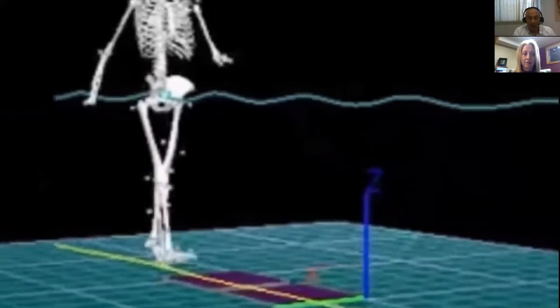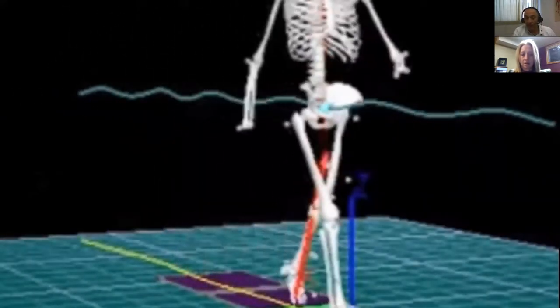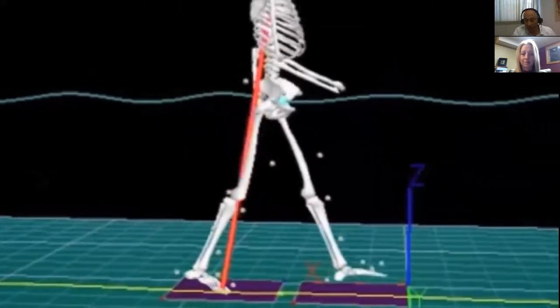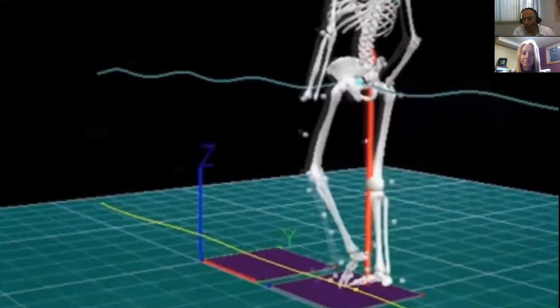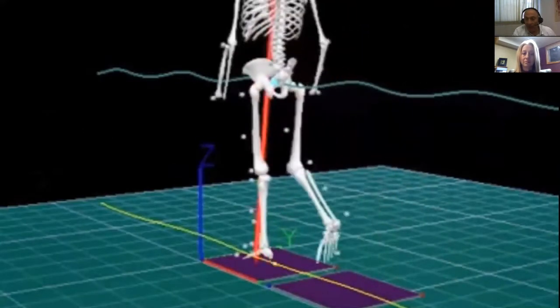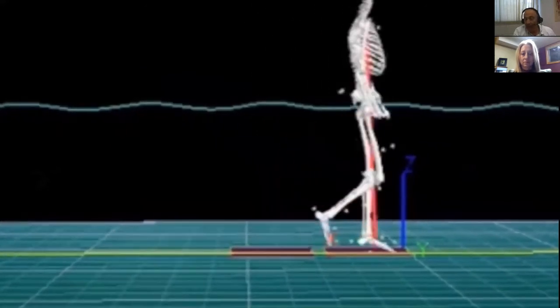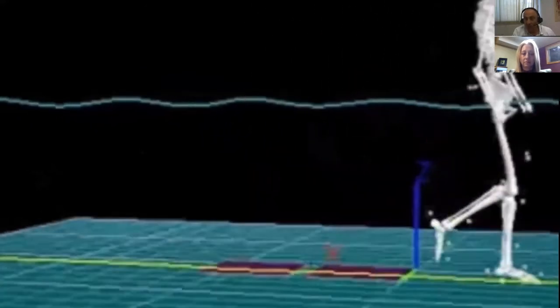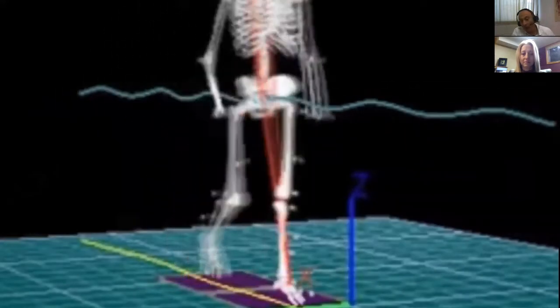So this is just now a video showing what's happening in normal gait. In normal gait, the center of mass is moving in a cyclical fashion in terms of our weight shift. So it's our activation of the muscles of the lower limb and the trunk which is allowing us to keep our center of mass within our base of support.